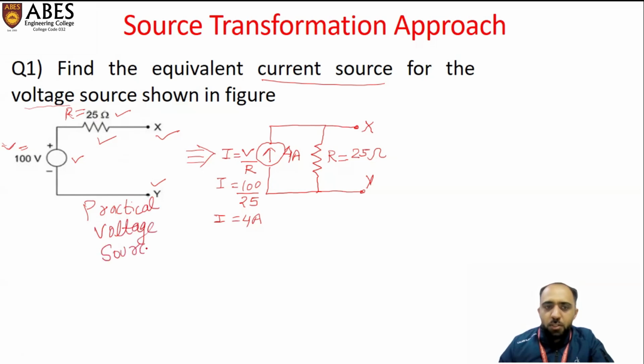Practical voltage source is in the series connection. You can easily observe, and we calculated the value of current, and also we sketched the practical current source circuit diagram as per the question demand.